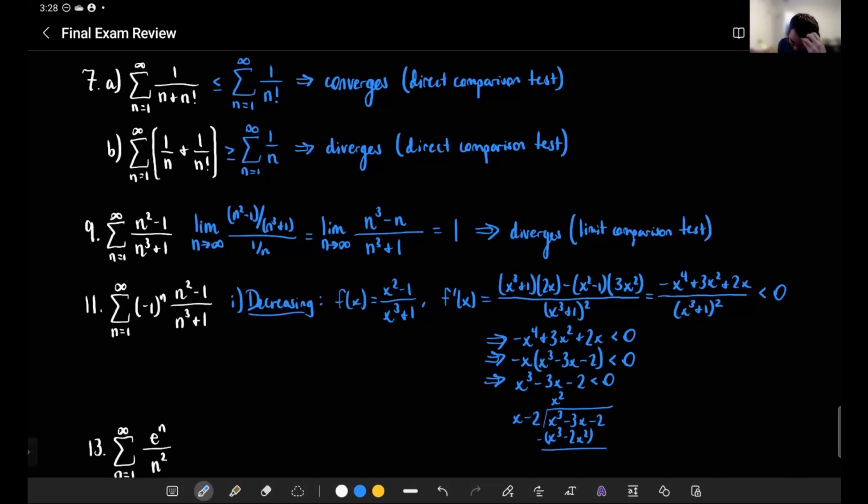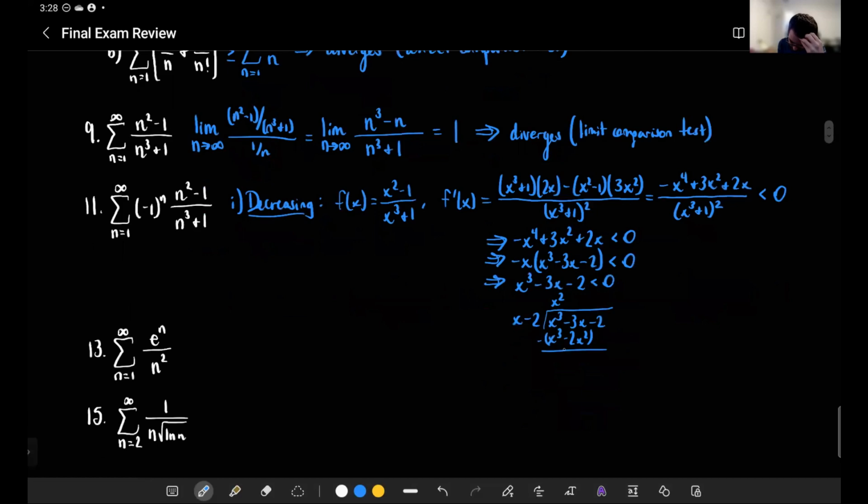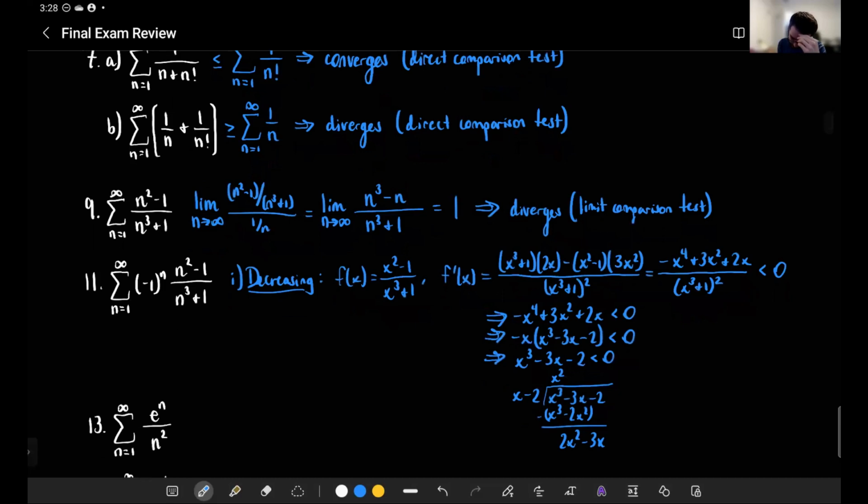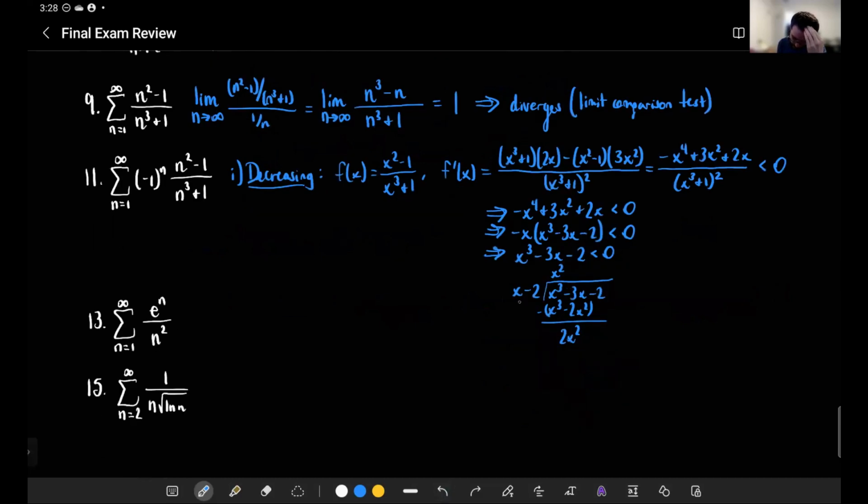So the x cubes go away, then I get a negative 2x squared. I don't need to bring the 3x down. Anyway, put the x into that, you get a 2x. And multiply down, you get your 2x squared, you get minus 4x. That's the term we're subtracting.